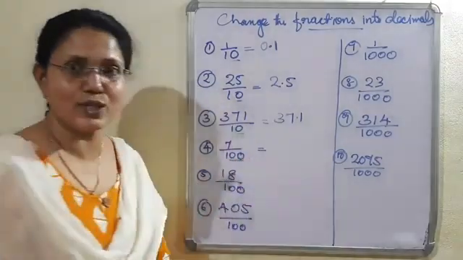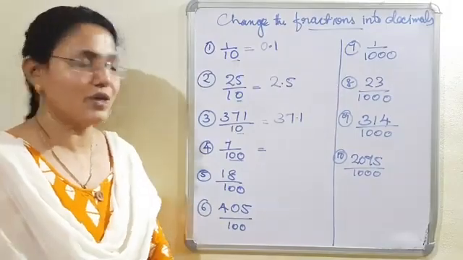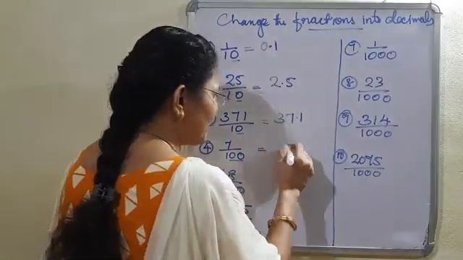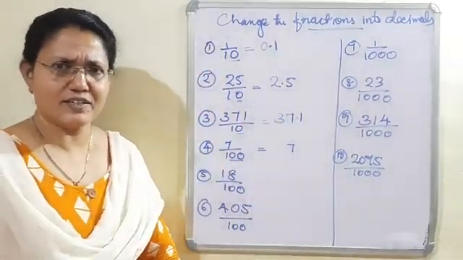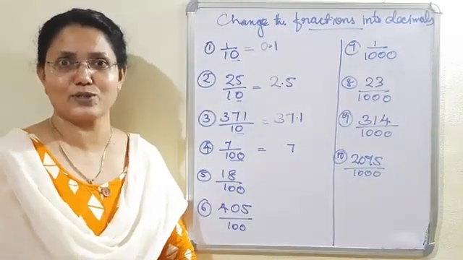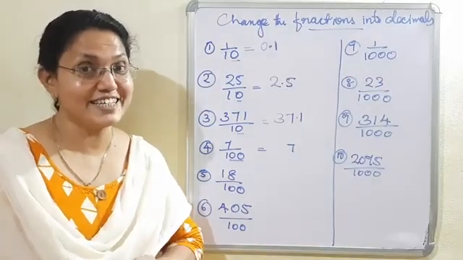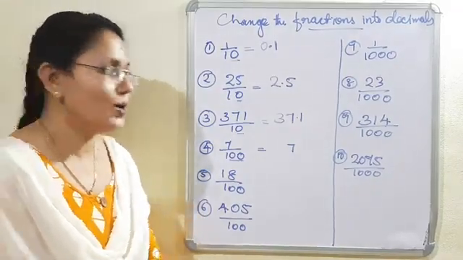Okay. Next one, 7 by 100. Here 2 zeros are there. Therefore, how many decimal places should be there? 2. First, I am writing the numerator here, 7. Here there is only one digit, then what to do? We need 2 decimal places also. I already told that if the required number of digits are not there, put sufficient zeros.